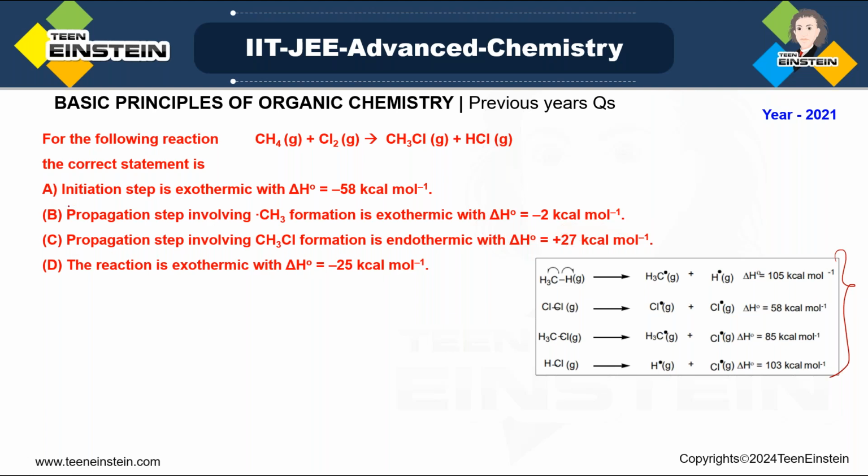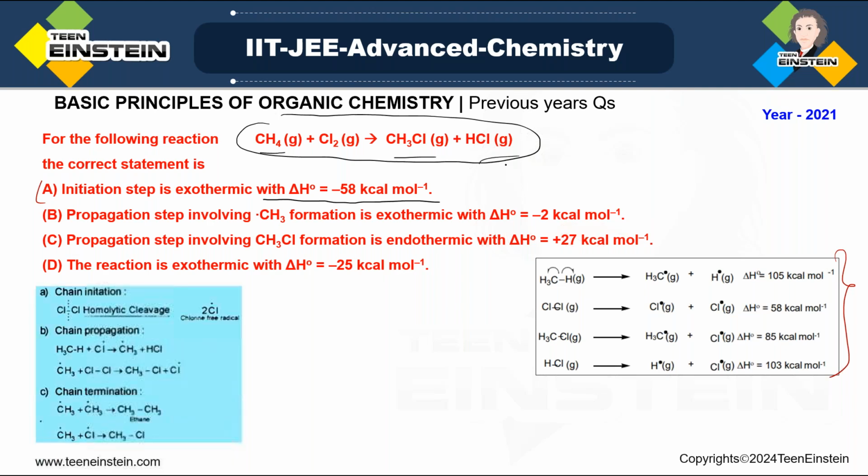So let's see one by one. Here the first statement says that the initiation step is exothermic with ΔH value minus 58. Now what is the initiation step for this reaction? This is the overall reaction where one of the carbon hydrogen bonds is replaced by a carbon chlorine bond. Fine, and the byproduct is HCl.